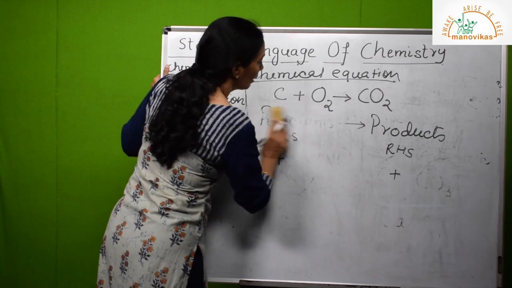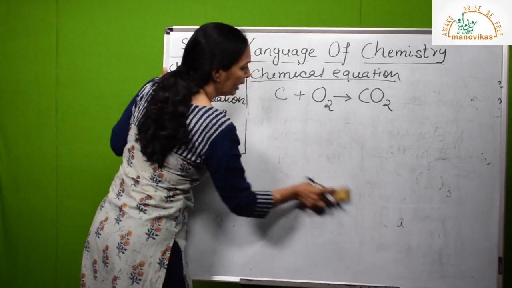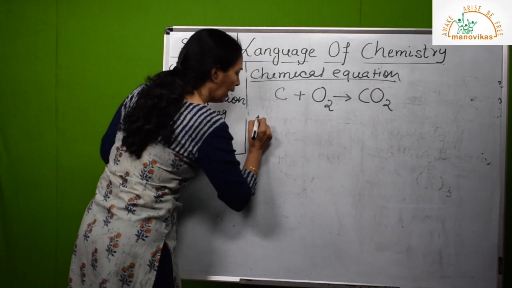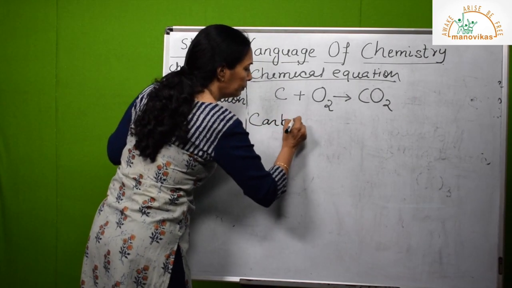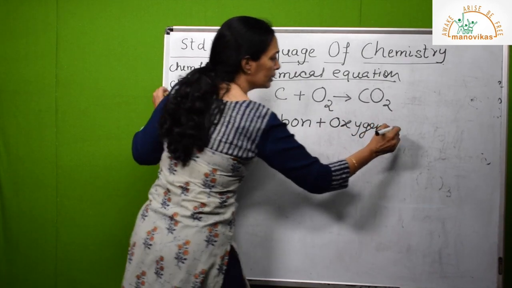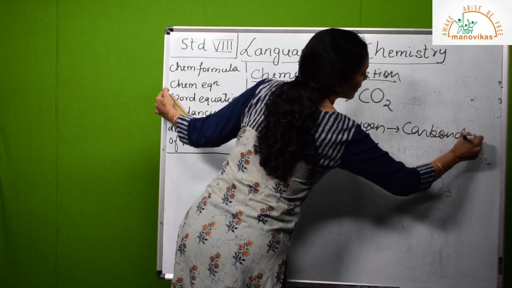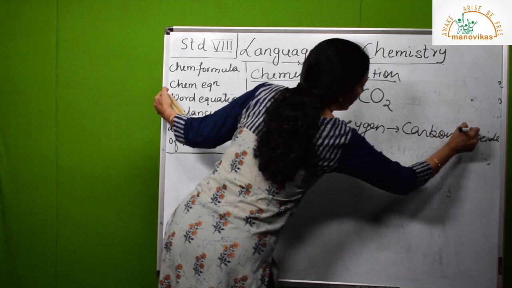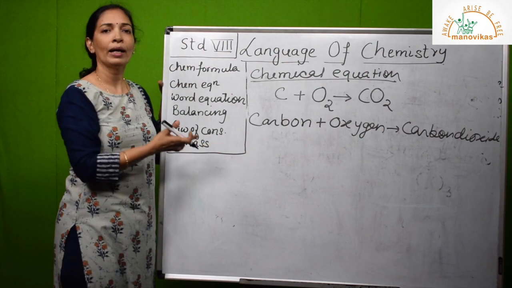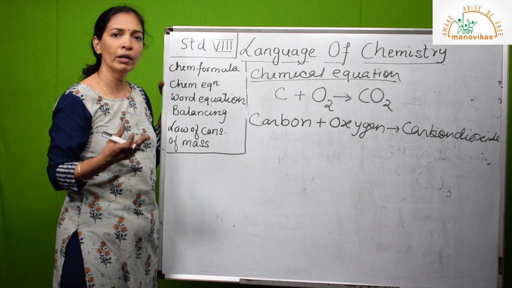Let us suppose instead of symbols and formulae, we write names of the compounds. Like if I write carbon plus oxygen is equal to carbon dioxide. So this is also a kind of equation which is called a word equation. So what is a word equation?